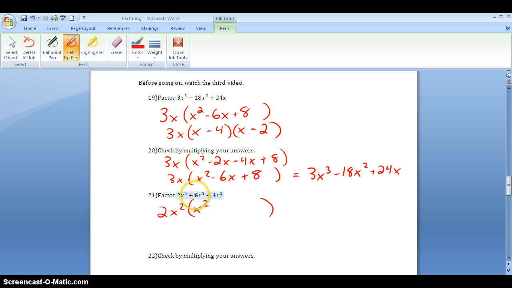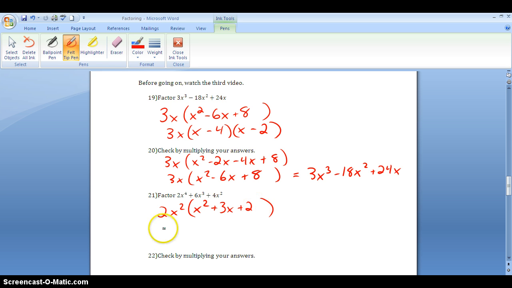Out of a 6x cubed, we have 2 goes into 6 3 times, and x squared times what gives me x cubed? Well, x. So if I take away 2 of those x's, I'm left with 1x there. And 2 goes into 4 twice, and x squared goes into x squared, and there's no x's left there.